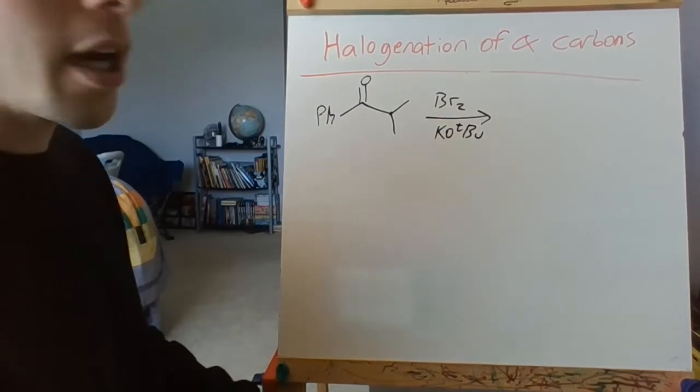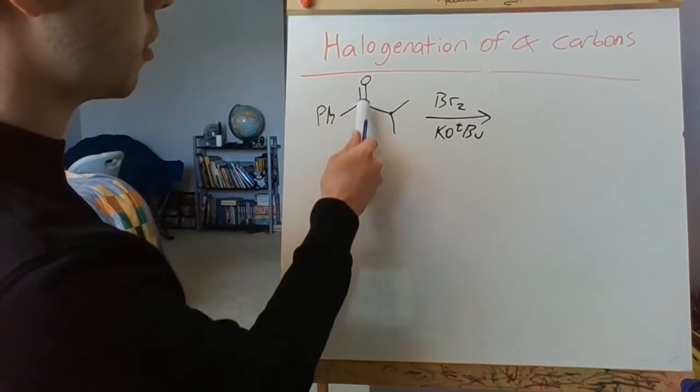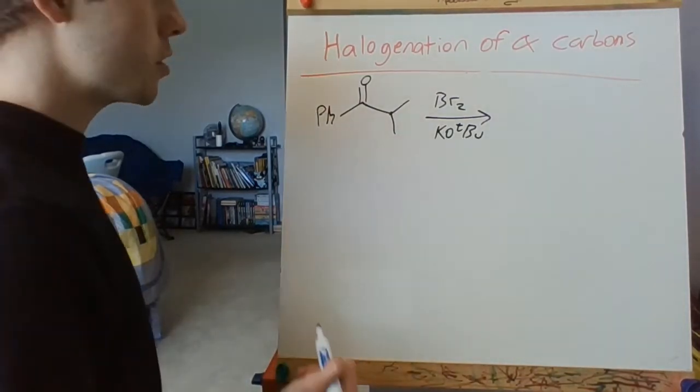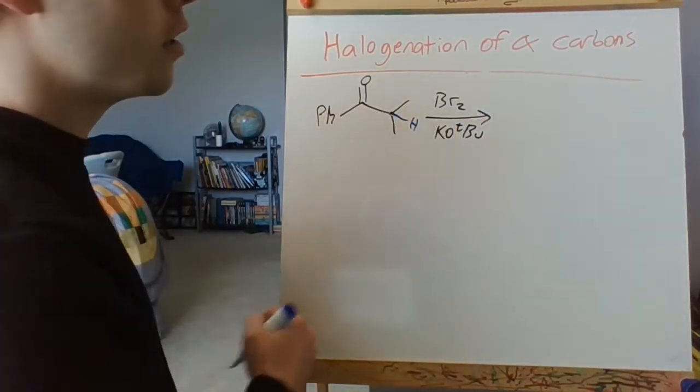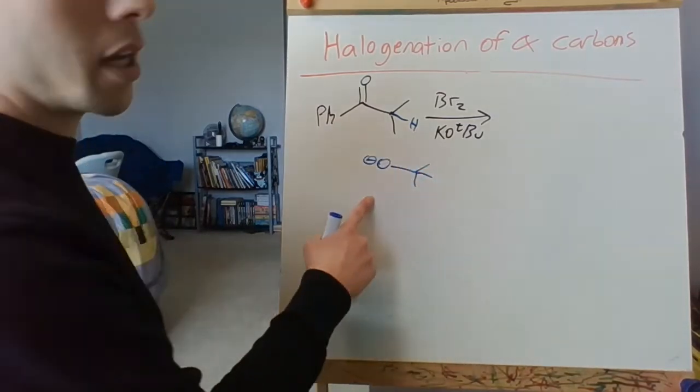So if we go through the mechanism of halogenation of alpha carbons, we identify the carbonyl, we identify the alpha carbon, and we see that there is a proton on there that we can pull off. So I'm going to draw that proton out here. Our base is potassium tert-butoxide, so draw that out here.